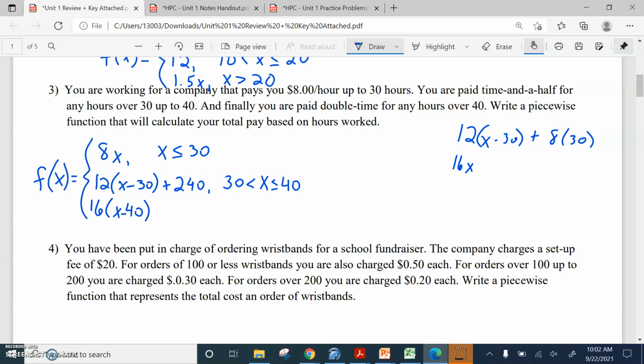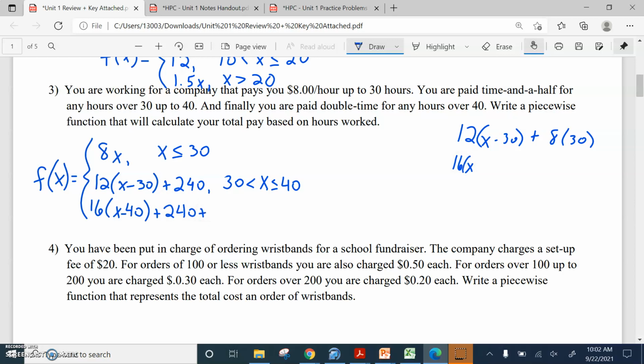And that's how this X minus 40 helps account for that. But if we worked 45 hours, we don't only get paid $16 for 5 hours. We also make the 240 from the first 30 hours we worked.